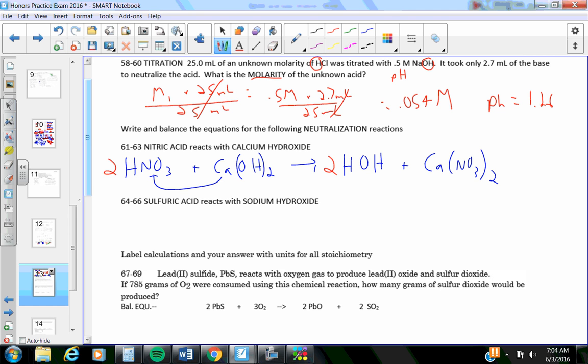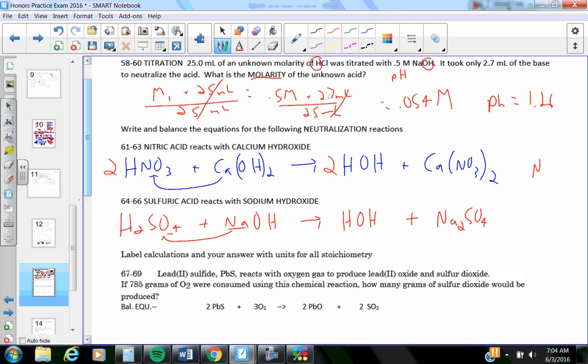That one's done. Sulfuric acid is H2SO4. Reacts with sodium hydroxide. Once again, the products will be water, which I'll write as HOH, and a different salt this time. This time sodium gets to dance with sulfate. Once again, we have to consider their charges. Sodium with a +1, sulfate with a -2. It's going to take 2 of these.